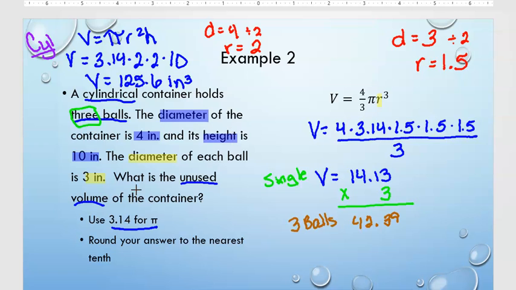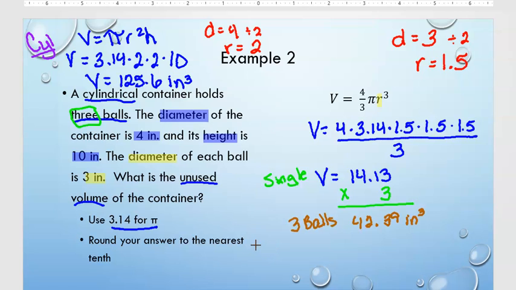Now I go back to this question, the unused. So the entire container has 125.6 inches cubed, and the three balls themselves have 42.39 inches cubed. The unused is whatever would be left over. So this becomes a subtraction problem at this point.